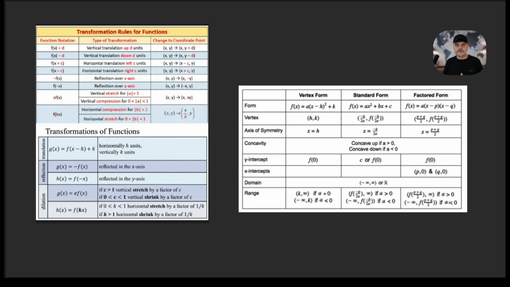So that is also possible when vertex form is not presented, or if you don't want to change standard form into a vertex form, or you don't want to change that factored form into a vertex form, you can still find a vertex, right? Axis of symmetry is correlated with the location of the x coordinates of the vertex. That is the same value.